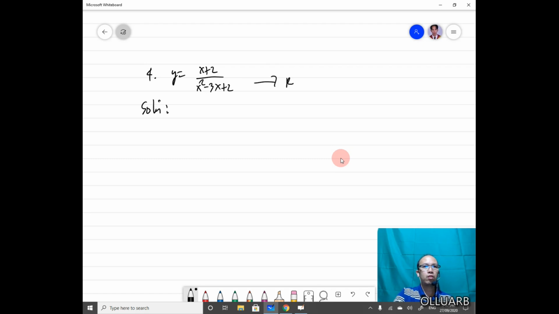So recall our domain: this big capital F is the set of all real numbers except 1 and 2. Now we have to find the range, so write it in x in terms of y.